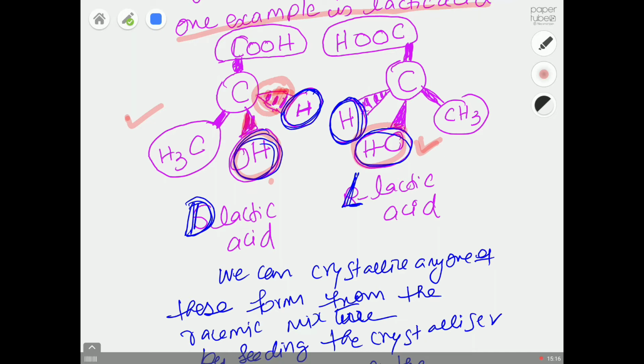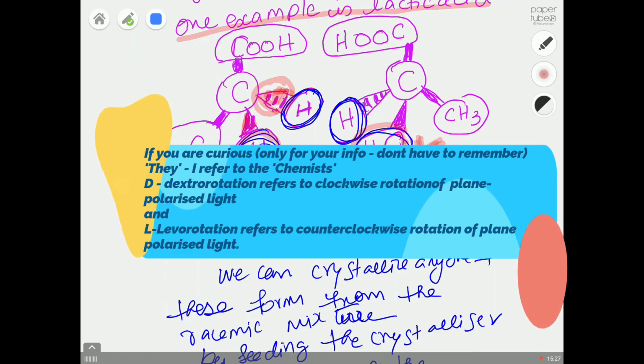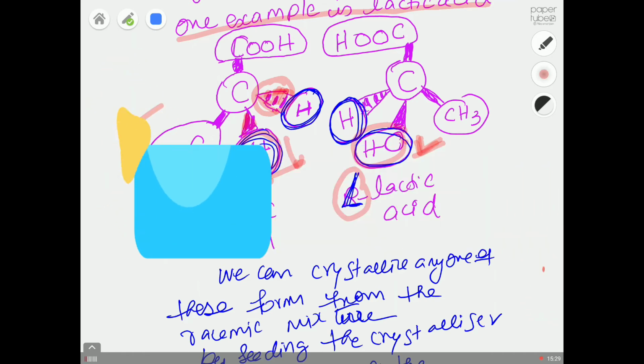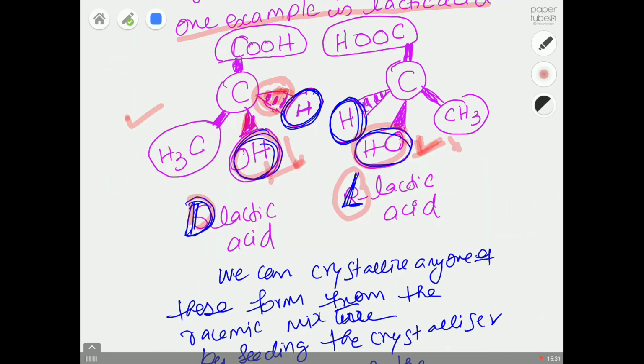Normally they give the notation D if the hydroxyl group is on the right hand side, and L if it is on the left hand side. And they both will crystallize into different crystal structures, and maybe one of them will produce the desired physiological effect.